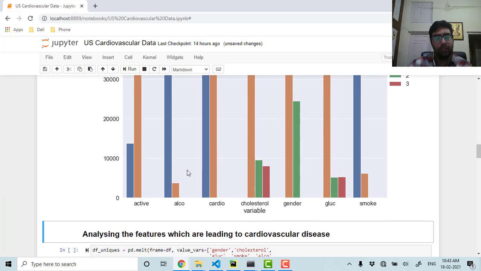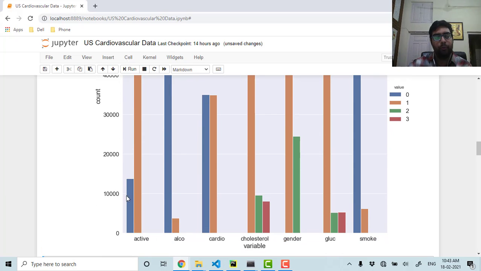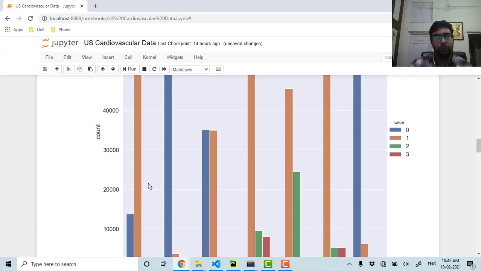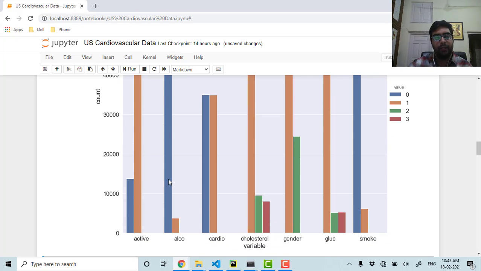As we can see, only a few people don't do physical activity and the rest do. Similarly, many of them do not consume alcohol, and in the data set we have almost 50% of patients who are suffering from cardiovascular disease and 50% who are not.